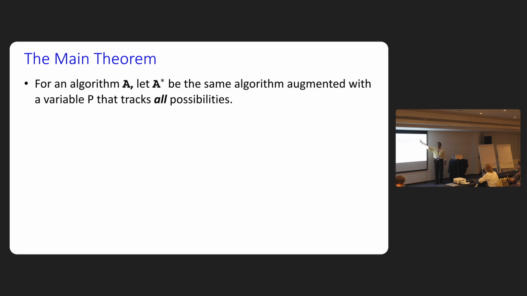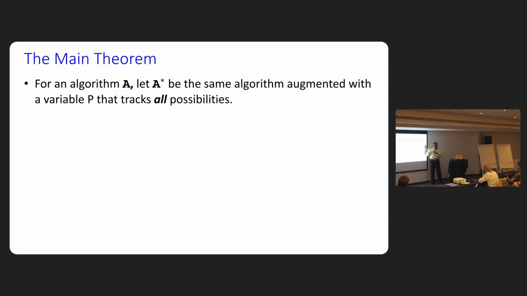Transform A into algorithm A star. What is this algorithm A star? Algorithm A star is the same algorithm as A, except that it is augmented with this variable capital P. And at each step, along with that step, imagine that capital P is also atomically changed.